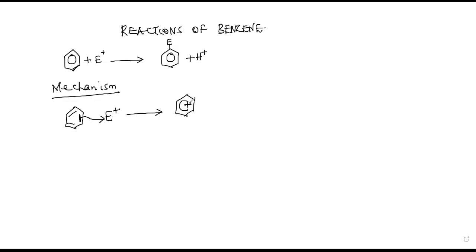We can denote it using an incomplete circle, and then the hydrogen and the electrophile will be bonded momentarily together. By losing hydrogen, or by losing a proton, we shall form our benzene ring with our electrophile attached. So this is how the mechanism will always be.